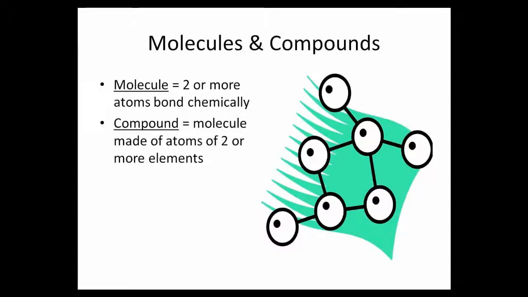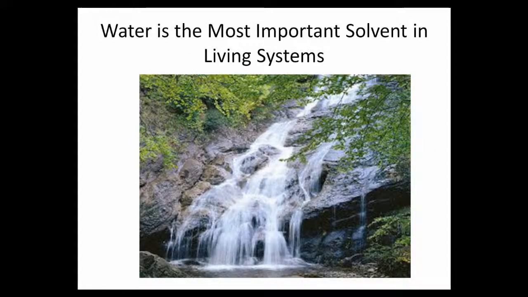So a molecule of hydrogen would be like H2. A compound, which is a molecule made of atoms of 2 or more elements, would be something like water. Water is really one of the most important solvents within a living organism. We have another segment on water later, but let's review a little on the structure of an atom.